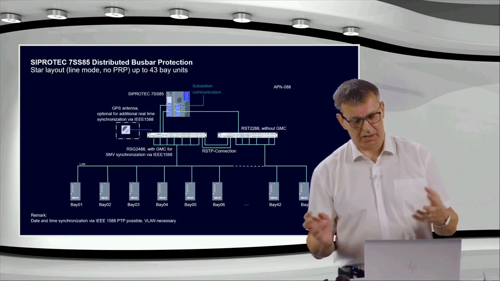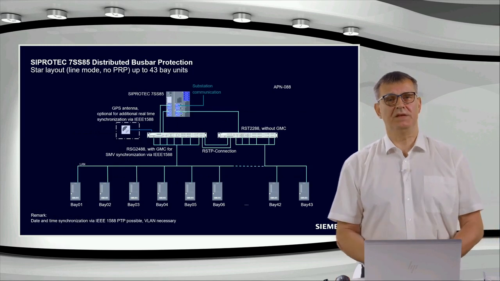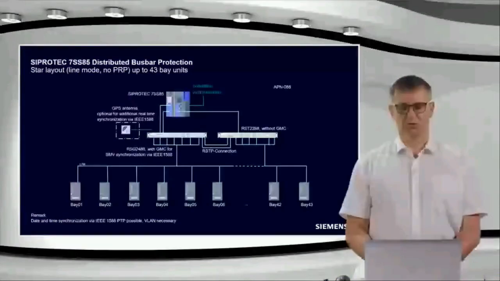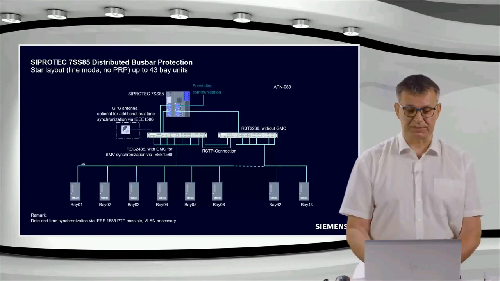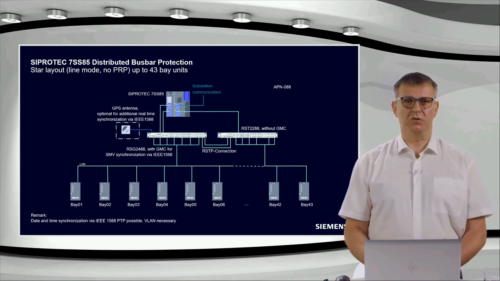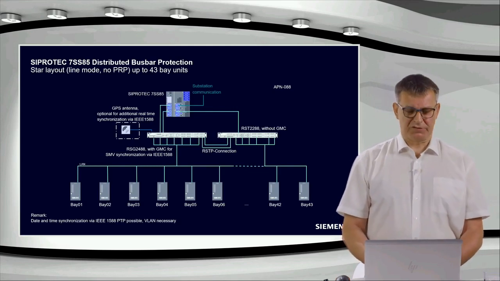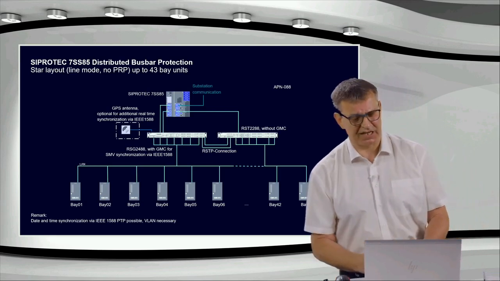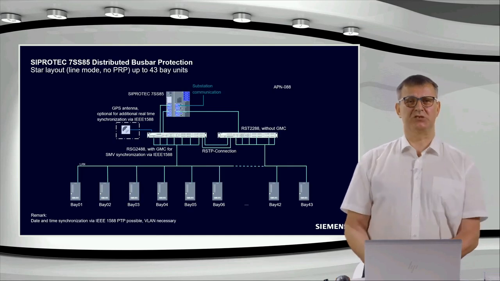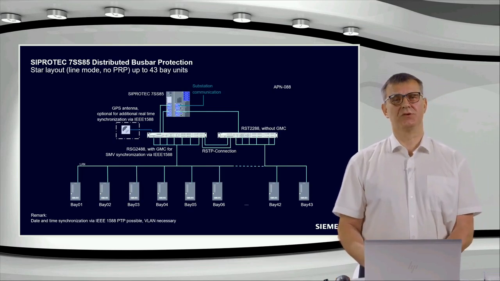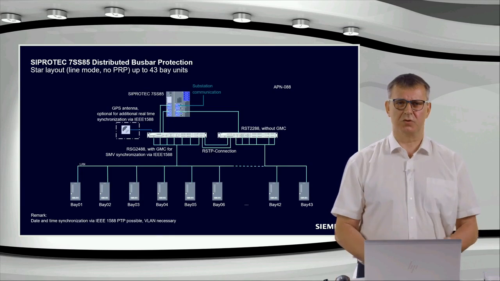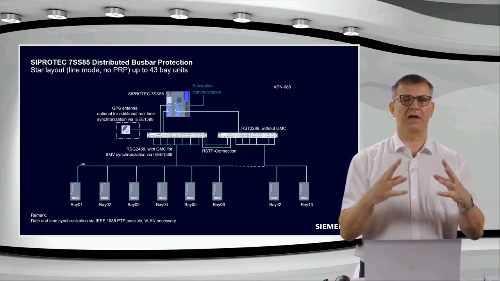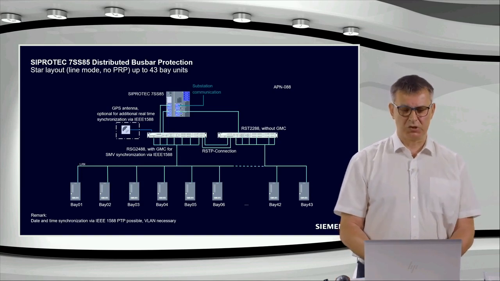If you say, okay, we lived for more than 20 years with old conventional busbar protection like the 7SS52, and we had no communication redundancy there either, it's fine for me to live the same way. Or we still have the communication infrastructure, the cable channels, and want to reuse them from the old 7SS52 or any other old distributed busbar protection which used a star topology.